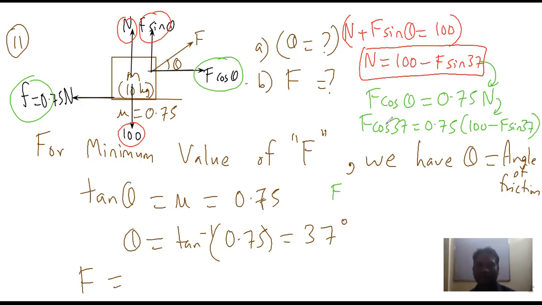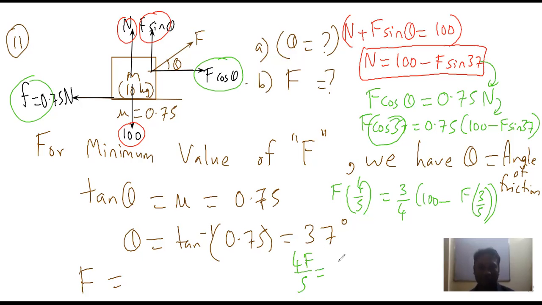So F cos 37 we will put as 4 by 5, is equal to 0.75, which is 3 by 4, into 100 minus F into 3 by 5. So this is the equation we'll solve and we'll get the answer for the minimum value of applied force. So 4F upon 5 is equal to 300 upon 4 minus 9F upon 5. So from this we have 13F upon 5 is equal to 300 upon 4.